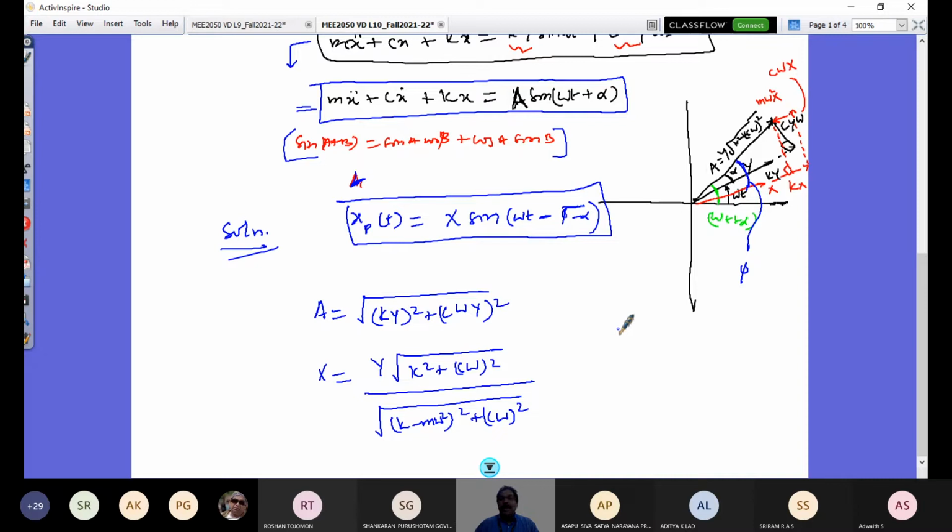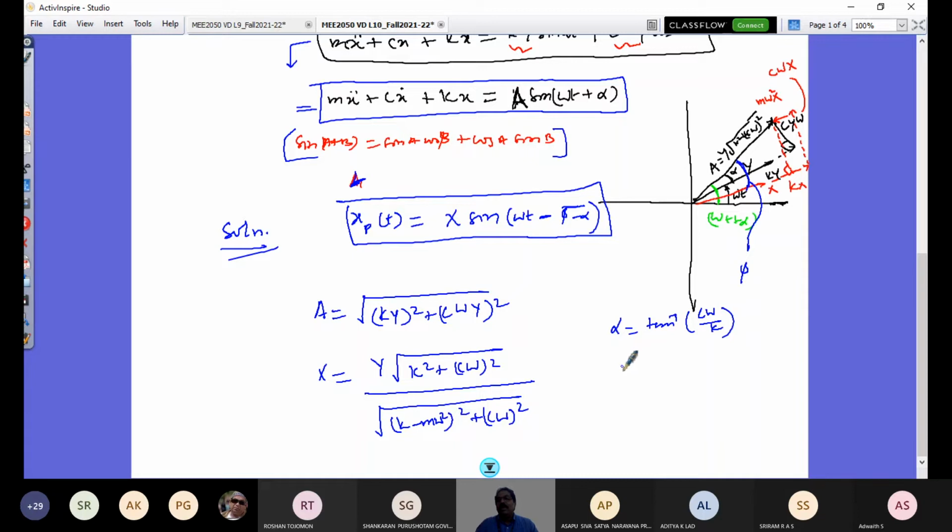And what is this angle alpha? Look at this diagram, there is a right angle here. So alpha is tan inverse of the opposite side c omega y over the adjacent side ky, so y goes off, and it is c omega by k. That is alpha.